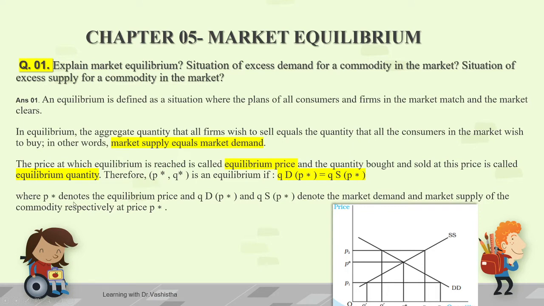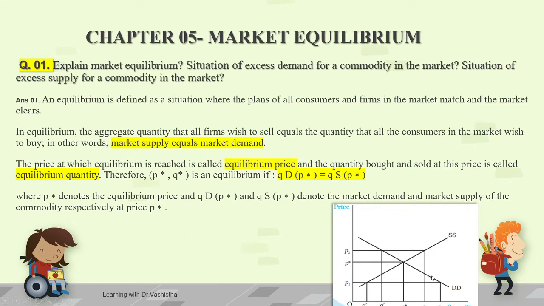Here P* denotes the equilibrium price, and QD(P*) and QS(P*) denote the market demand and market supply of the commodity respectively at price P*.